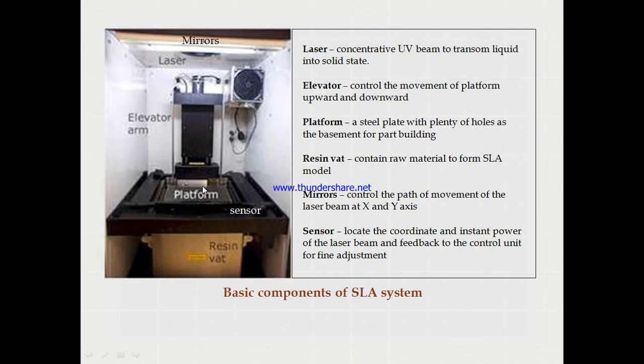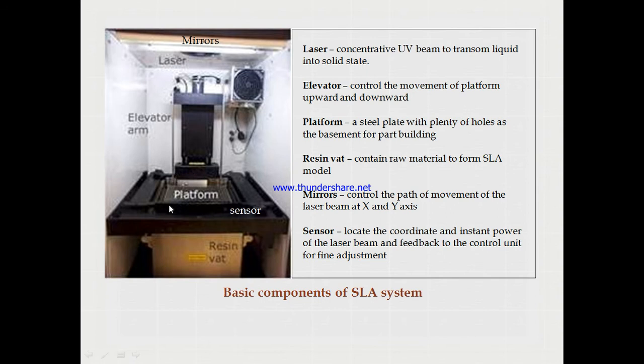This is the platform, a steel plate with plenty of holes as the basement of part building. Then the resin vat, which contains the raw material for the SLA model.